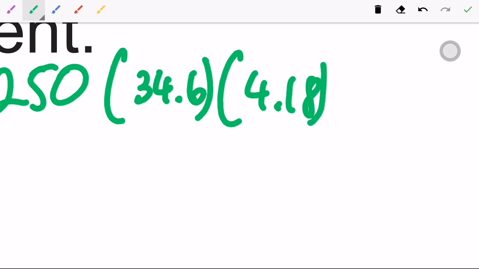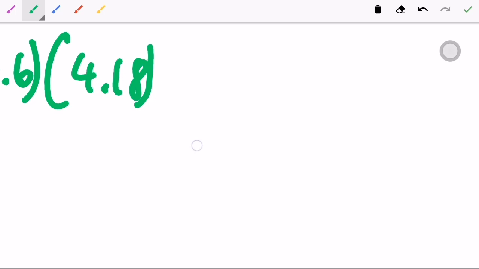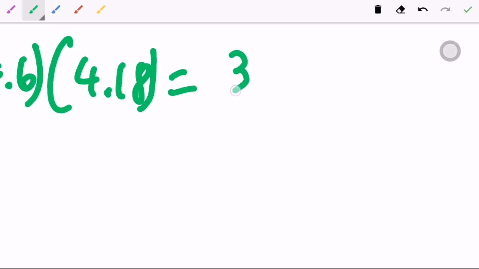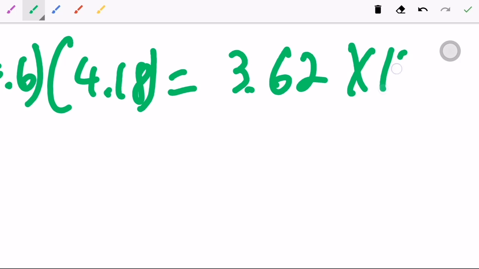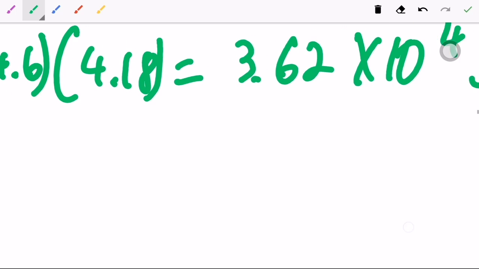Give credit to your calculator. It gives 36157, which is 3.62 times 10 to the power of 4 joule. Alright, so that is it.